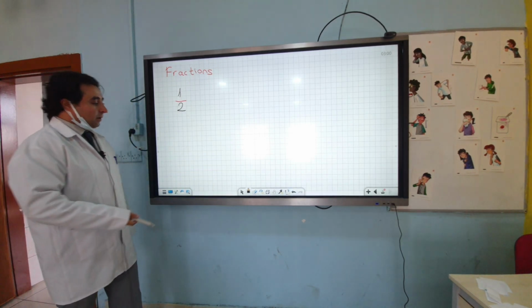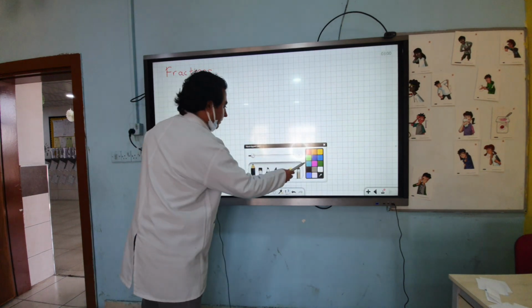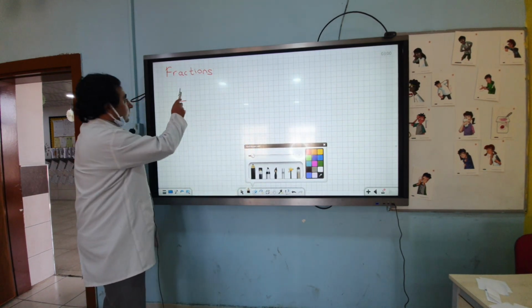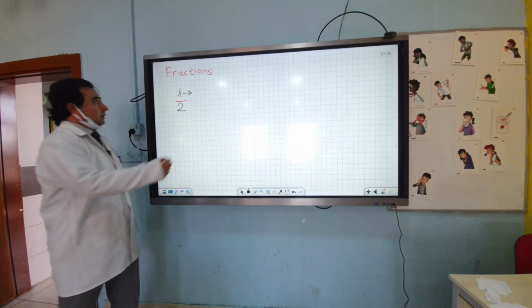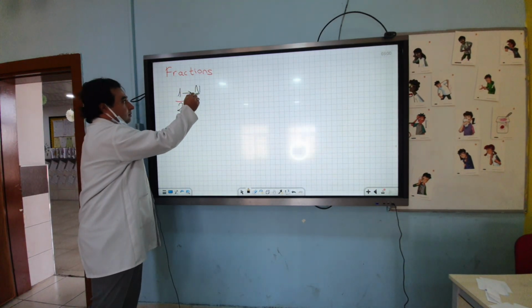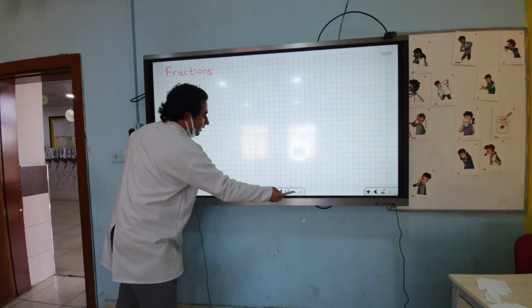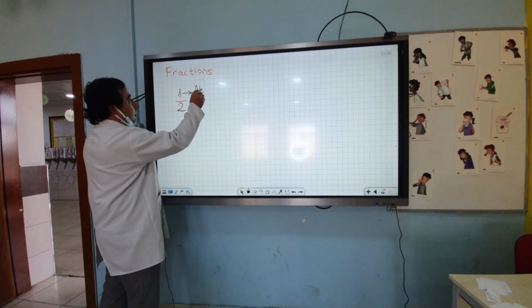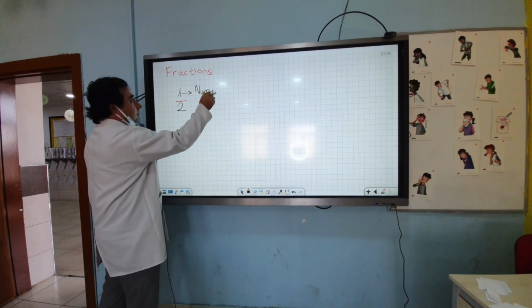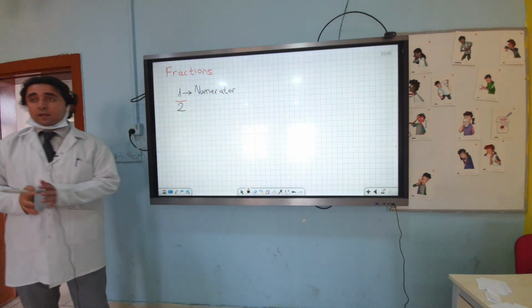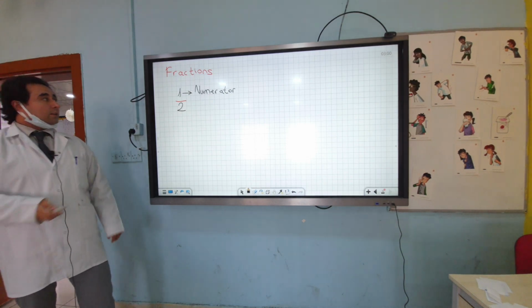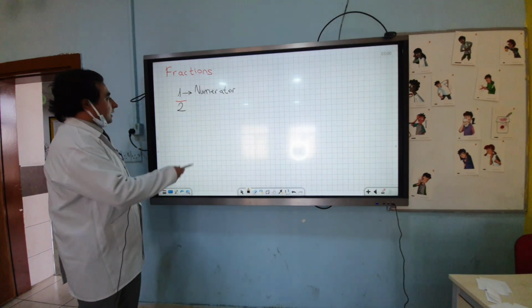And then with this half, I want you to write the number which is up. We are going to write numerator. Is it okay now? Then what are we going to write? The number which is down.